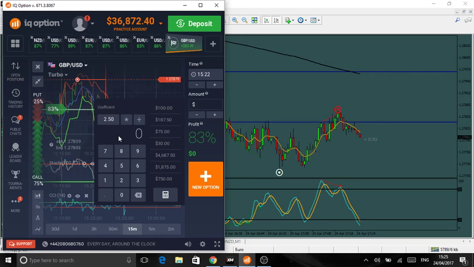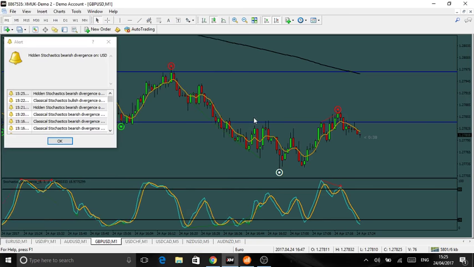So if you have $1,000 in your trading account, you just use 0.3% of your account. Now, if you're gonna martingale, like I showed you guys, just use 0.3% of your account. If you're not gonna martingale and you're just gonna take your trades based on a good win ratio, like maybe if you win 3 out of 5 or 4 out of 5, you can take as much as 5% per trade, no more than 5% per trade.